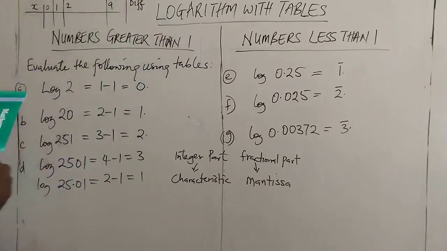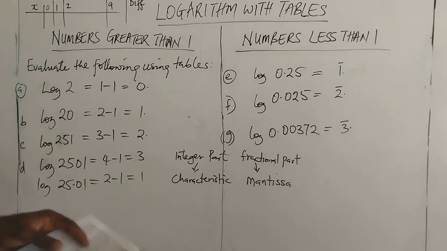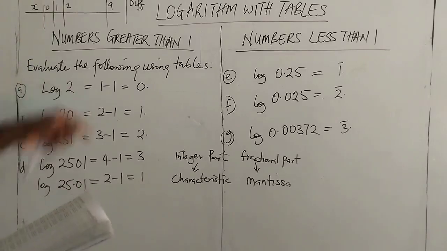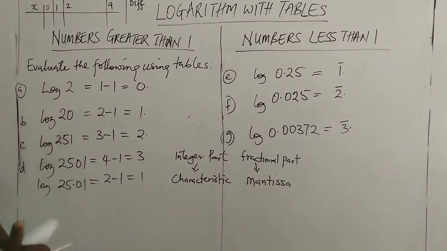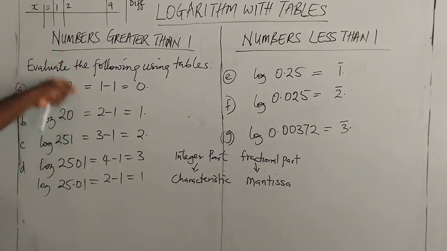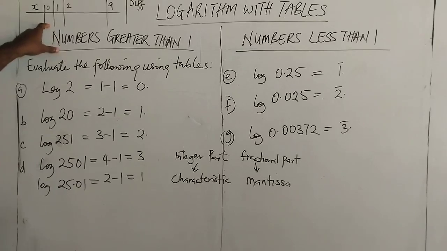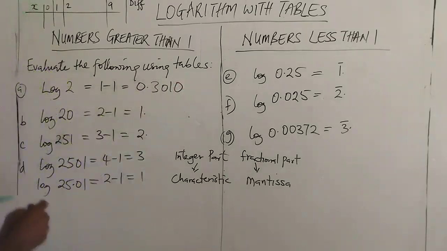So what you do is under column X, you look for 20 because there is no 2 there. You look for 20 under 0. There is no other digit there, but you look for 20 under 0. And if you do that, you will get 3010. That is what you will find there.